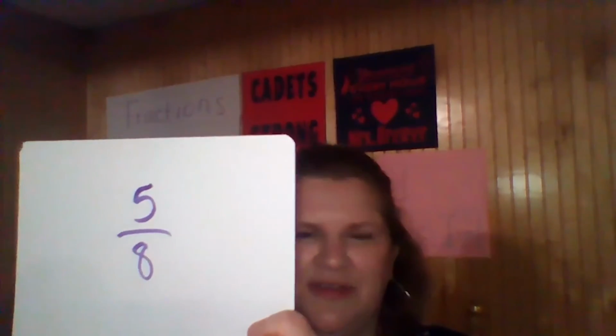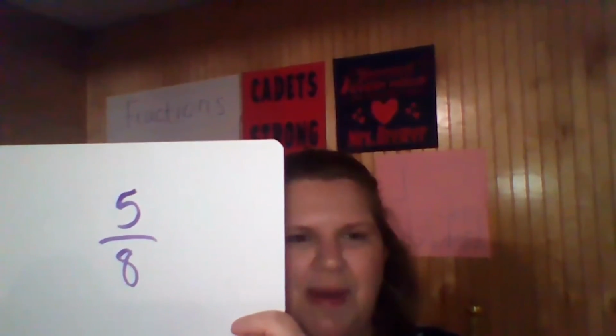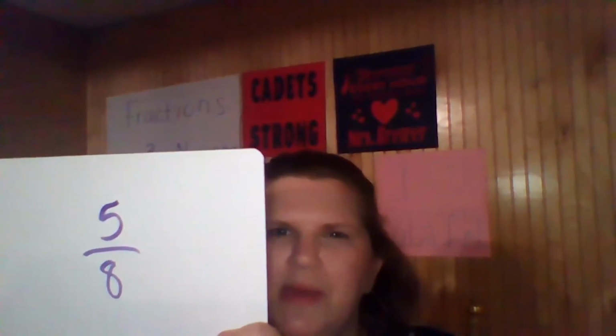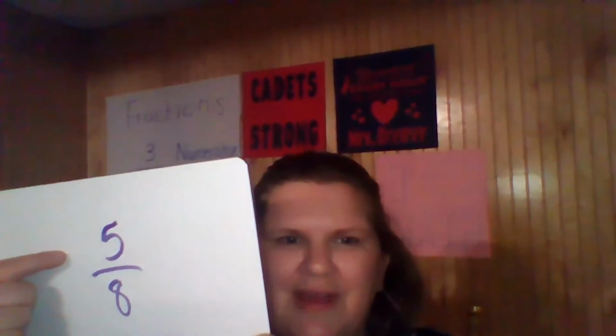Now I'm going to ask you, yesterday we talked about the parts of a fraction. Who remembers what this number up here is called? What is the 5 called? Do you remember? That's right. The 5 is called a numerator. You can see it back there behind me on my poster too.